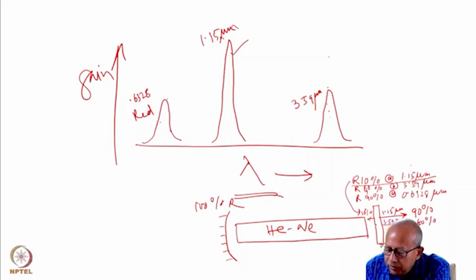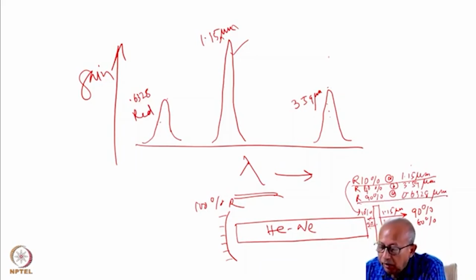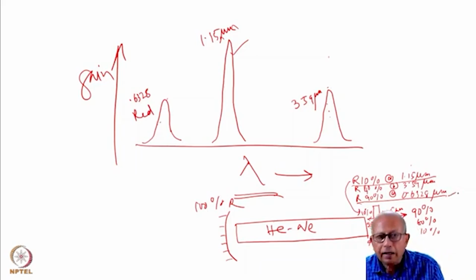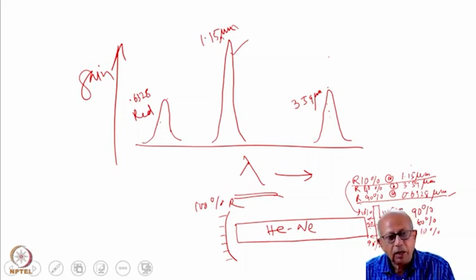That means 60% of the light which grows inside the cavity at this wavelength is lost. And for the red light, 0.6328 micron, it transmits only 10%. Only 10% of the light is lost from the cavity and 90% is reflected back. Therefore, for this wavelength, the cavity has the least loss. For the other wavelength, the cavity has maximum loss.